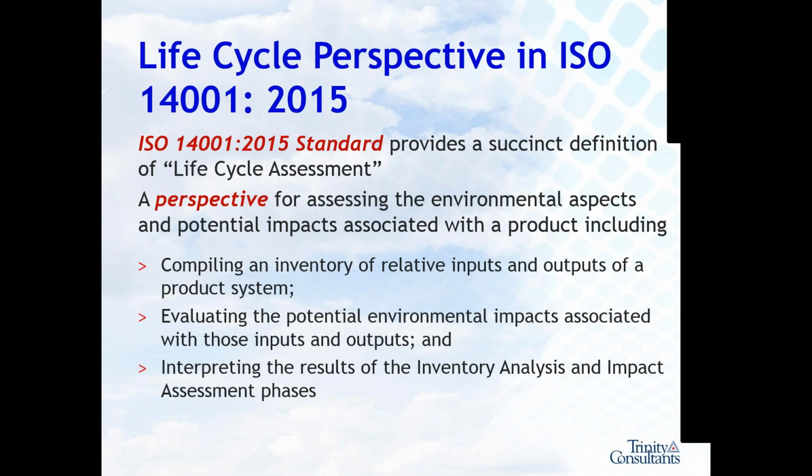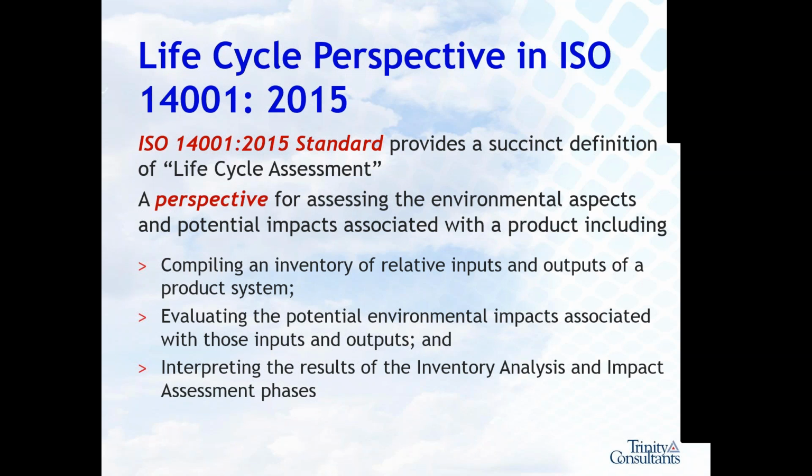So with the new standard that was published in 2015, it really provides a succinct definition of life cycle assessment. And that is, it's the perspective for assessing environmental aspects. It's really back to that foundation that we originally talked about with aspects and impacts and defining the context of your organization. So you're compiling an inventory of relevant inputs and outputs.